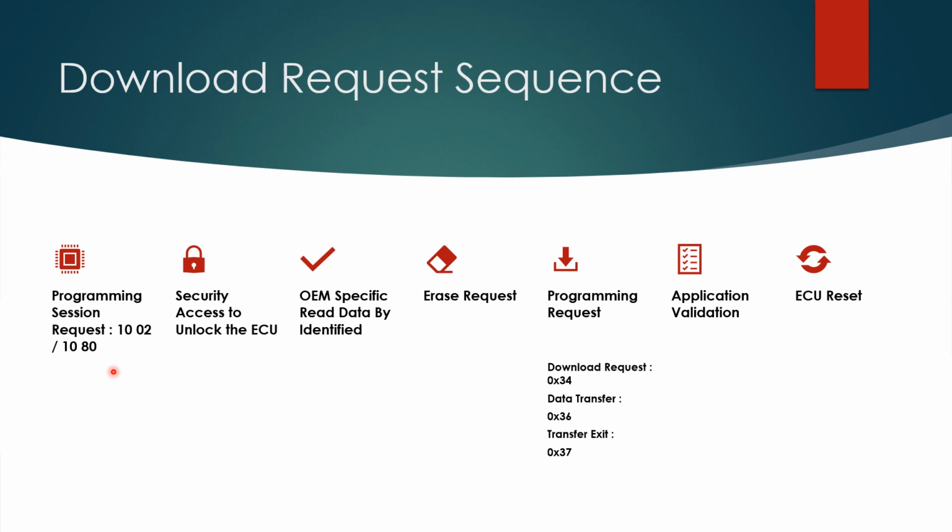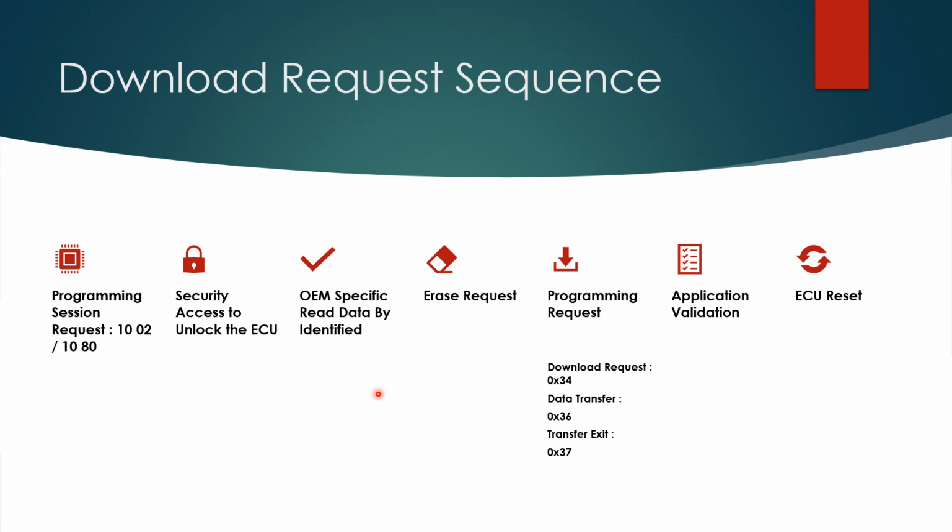The next step is security access to unlock the ECU using service 27. Then we will have the OEM specific read data by identifier, or it could be other things specified by the OEM, so it will vary depending on the OEM.